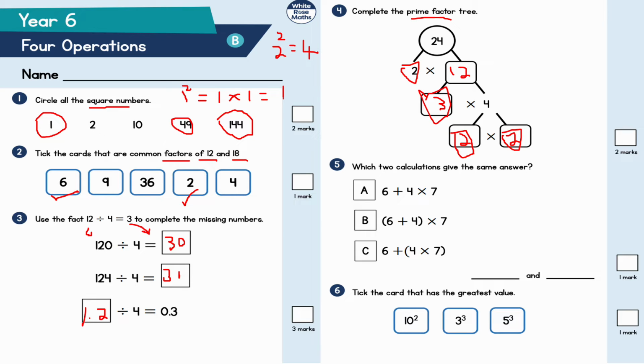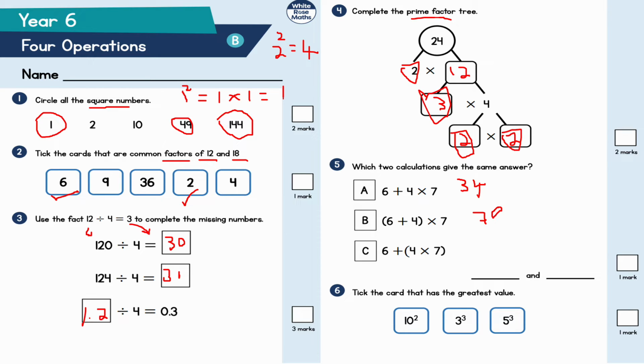This is question number 5. Which 2 calculations give me the same answer? 6 plus 4 times 7. So using BIDMAS, 4 times 7 is 28, plus 6 is 34. The next one, I do the bracket first. 6 plus 4 is 10, times 7 is 70.